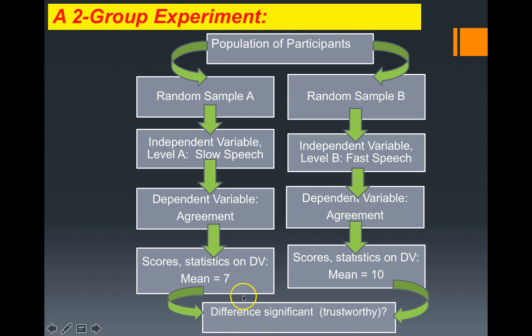So we can conclude from this study that yes, indeed, in this particular study, faster speech caused more agreement. Now, how can you say that we have demonstrated with a high level of certainty that the fast speech is the cause of the greater agreement?